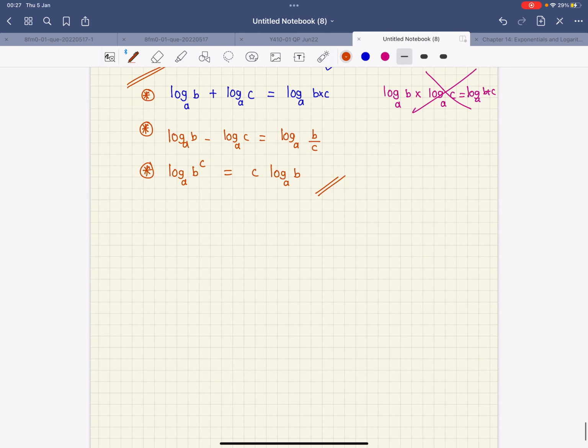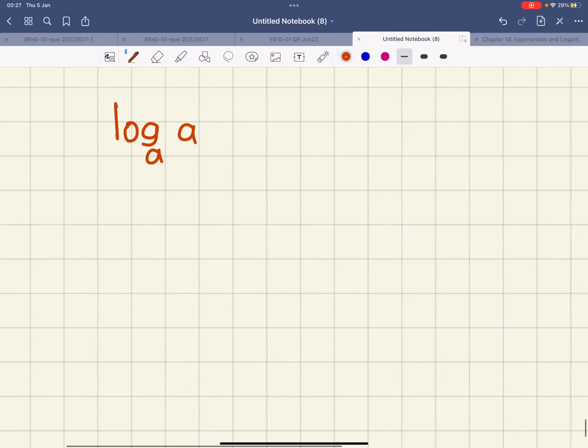Apart from this, there are certain good ones that you might want to know. Log_a a is equal to 1. If you have the same base and the same term, if these two marry up, then the answer is 1. So an example is log_5 5 is equal to 1.